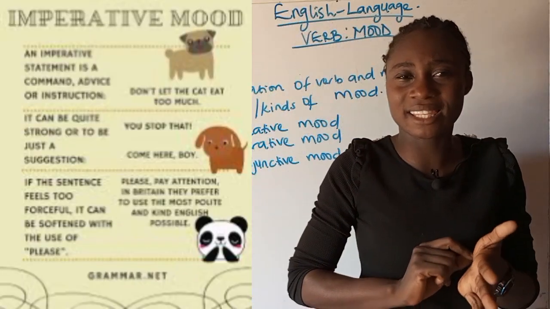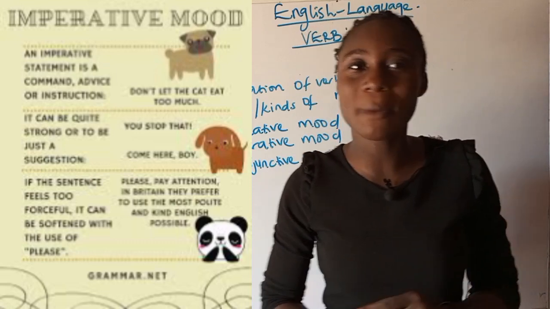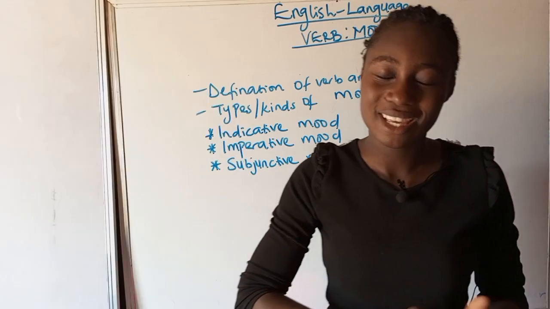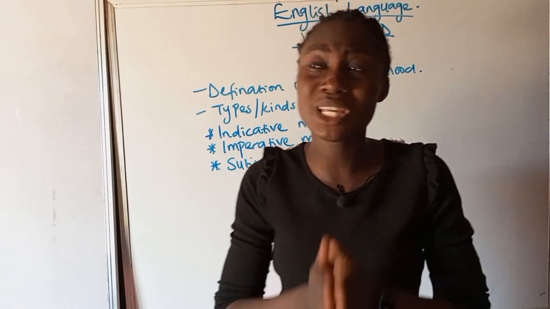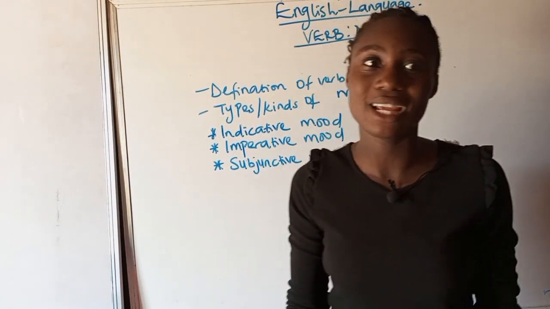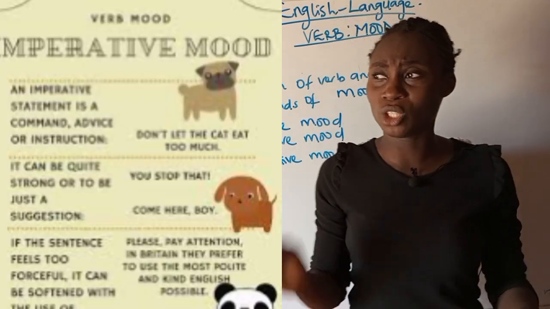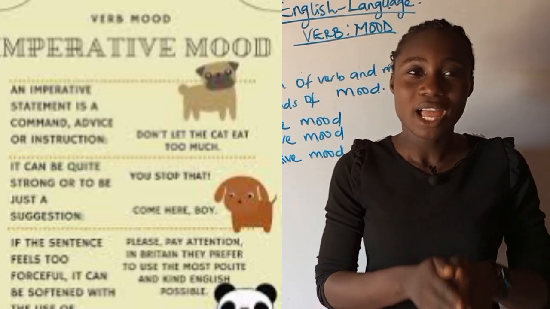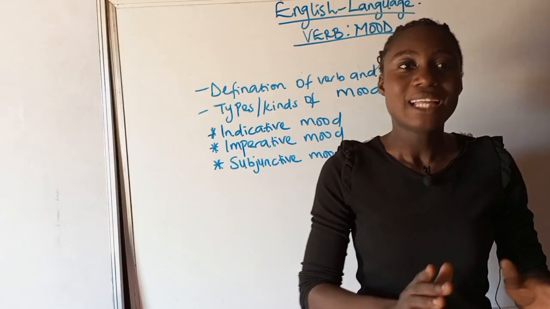The verb there is get, and the command there is also get. The imperative mode is used to express a command. You're trying to say, close the door. That's also a command. Open the window is also a beautiful example of the imperative mode under command.